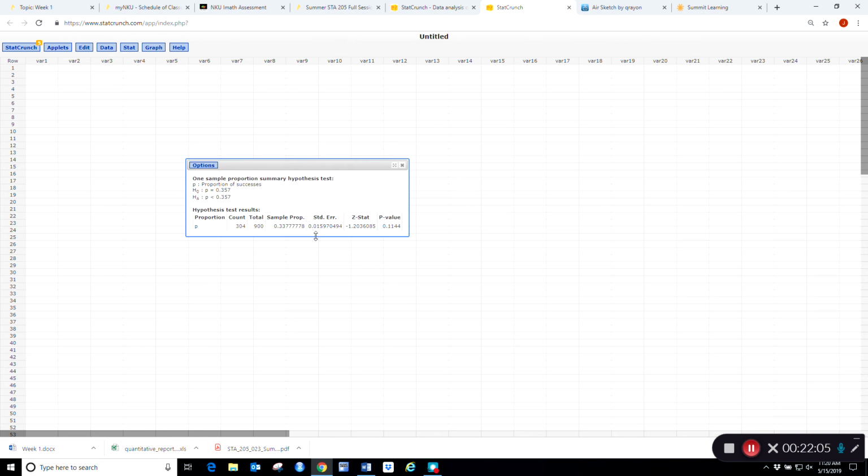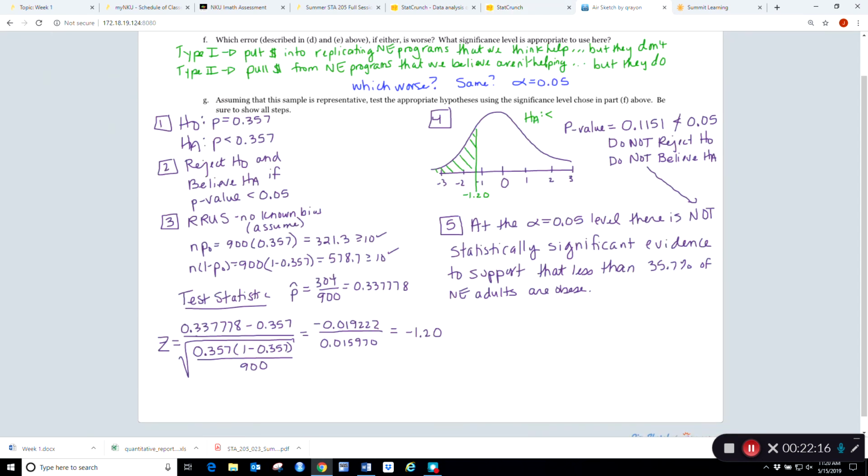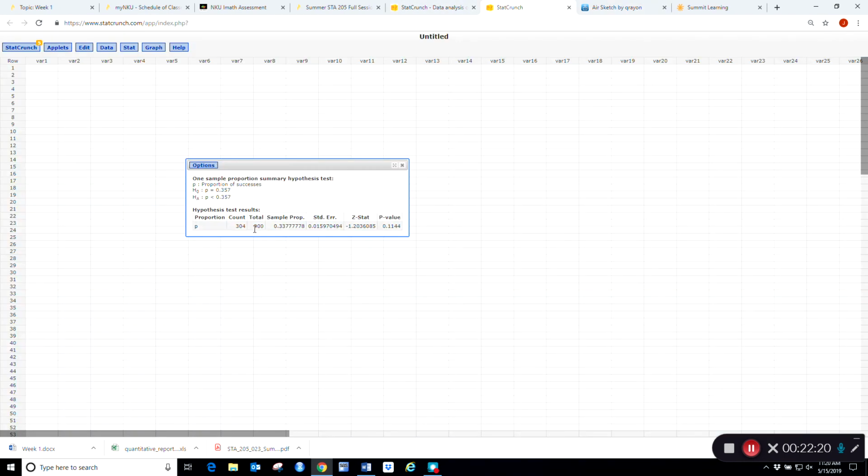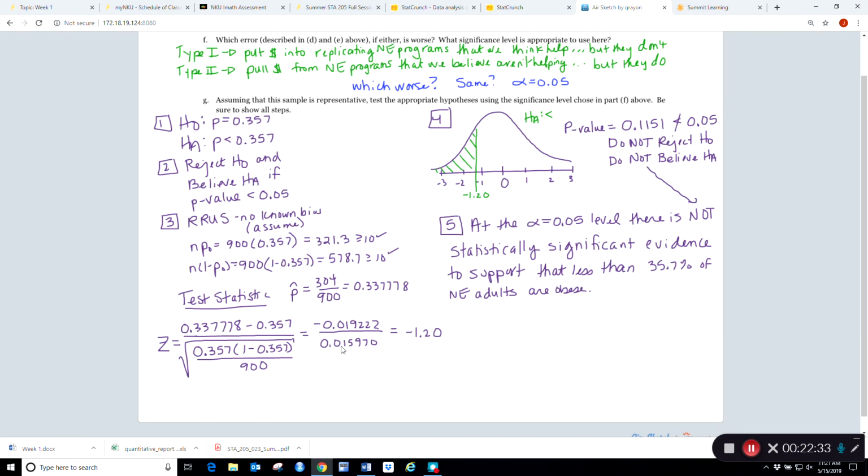looking at it more closely and relating this to some of the values that we saw, first notice that the hypotheses match what we did in step 1. It also calculates our value of p hat, that 0.33778 number that we carried. This thing labeled as standard error, again, is like our standard deviation, so our 0.015970 that I had down here on the bottom.